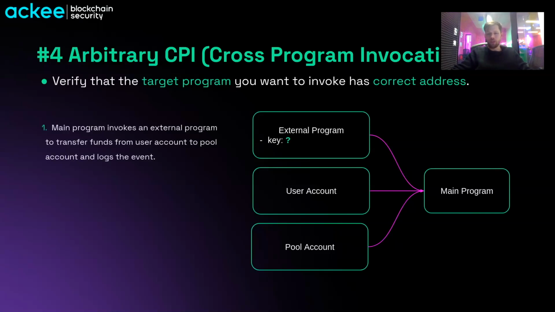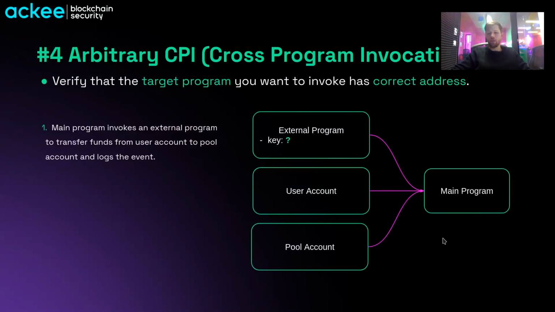So imagine the scenario that you have your main program that for some reason calls your external program in order to transfer the funds from the user account to the pool account.